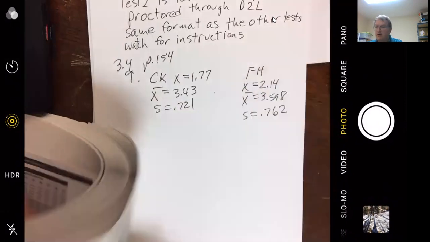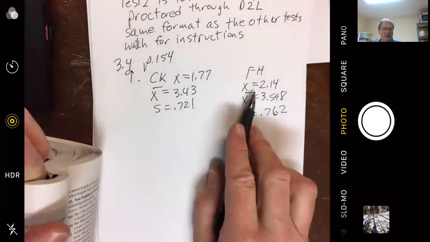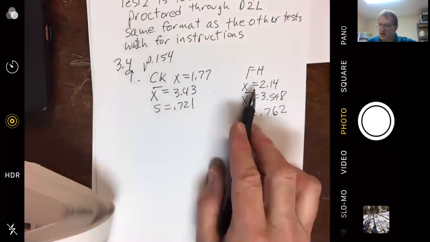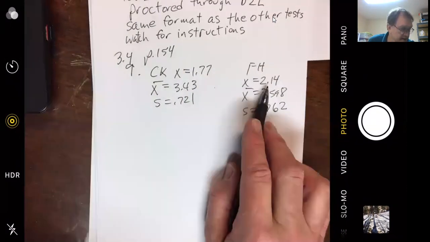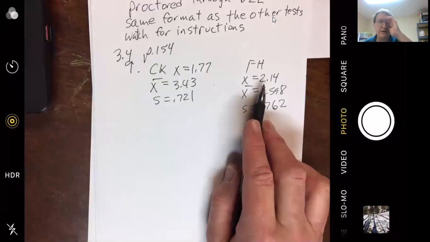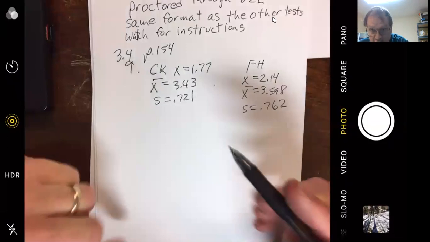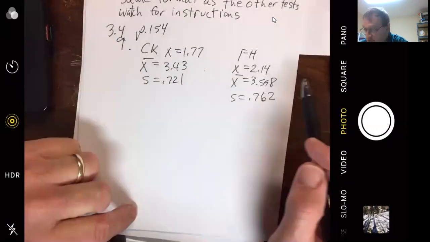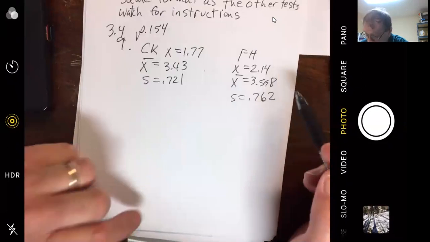If you just compare the raw X's, it looks like Clayton Kershaw was better than Felix Hernandez. But to really decide, you have to bring in these means and standard deviations, because that will tell you how much better his peers did on the other teams, et cetera.